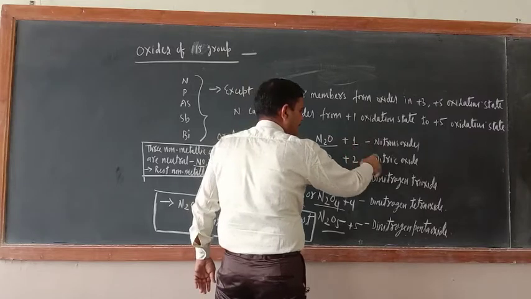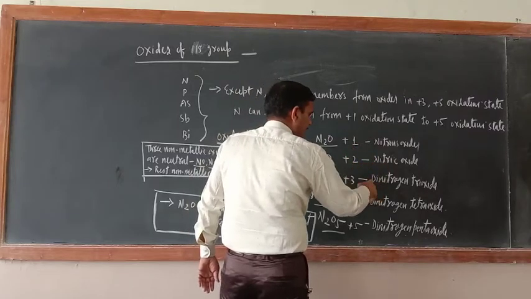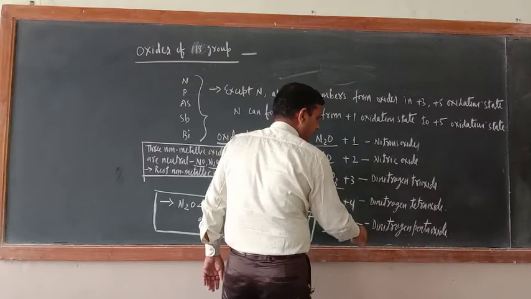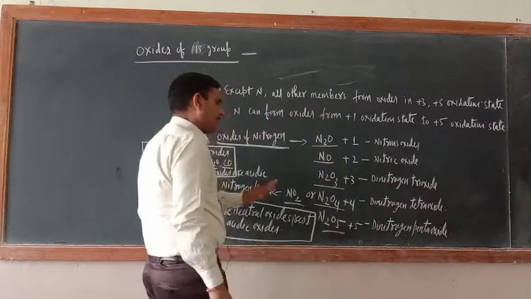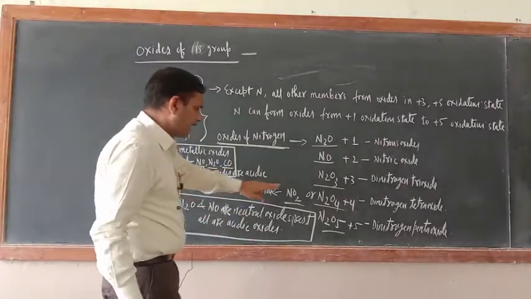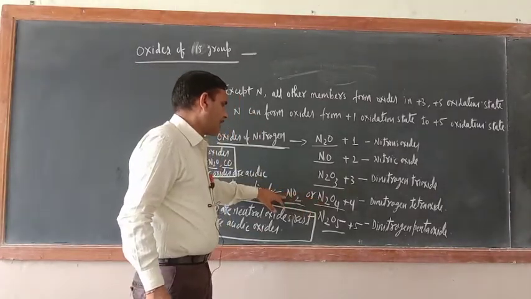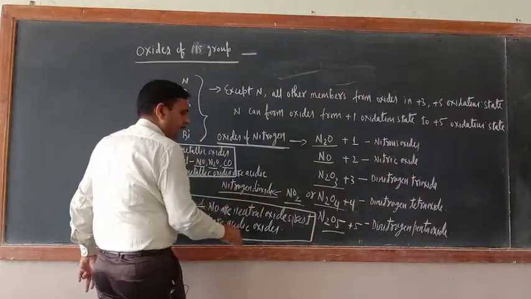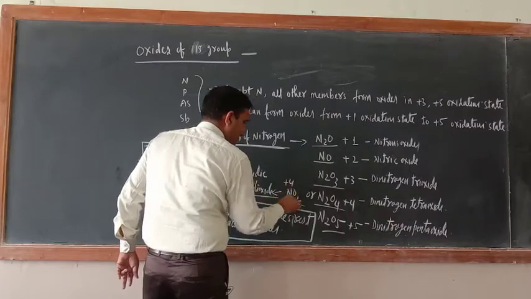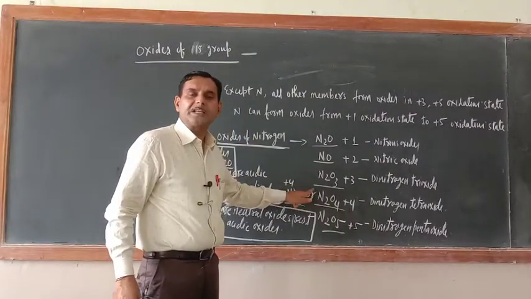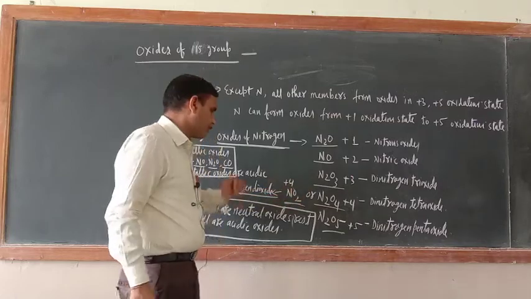Nitrous oxide +1, nitric oxide +2, dinitrogen trioxide +3, dinitrogen tetroxide +4, dinitrogen pentoxide +5. So these are the names. Now just try to understand. In place of N2O4 you can write NO2 also. Its name is nitrogen dioxide. Oxidation state of nitrogen is +4 only. Once again, N2O4 is the dimer of NO2.